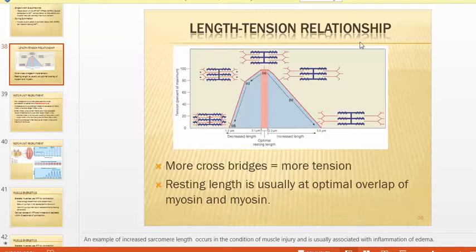See how far these actin are from each other. If the myosin contract and pull, the muscle can shorten, and this one can shorten more than this one because it's further away.